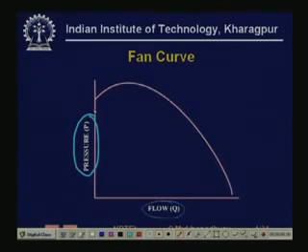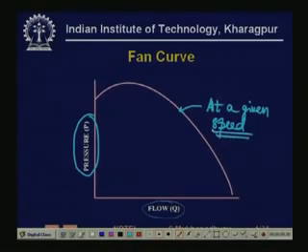So it shows the pressure is somewhat like voltage and flow is somewhat like current. So in that sense, since many of us are electrical engineers, this is somewhat like a VI characteristic of a battery or an energy source. And we must remember that this curve is drawn at a given speed of rotation.